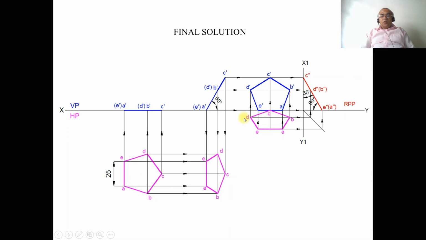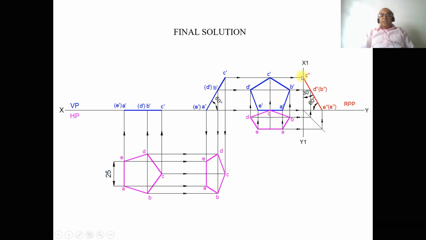Similarly, draw a horizontal projector from D and B to the 45-degree line, and from here you draw a vertical projector to the side view, and draw a horizontal projector from D dash and B dash. Both these two lines are going to intersect at this point, and this point is going to be marked as D double dash and B double dash in bracket.